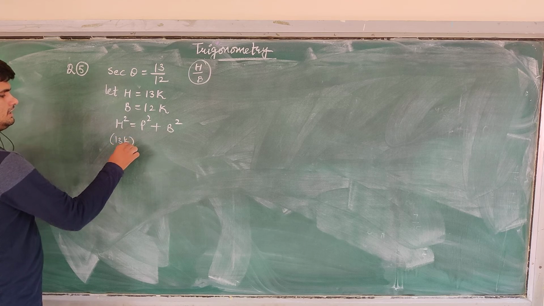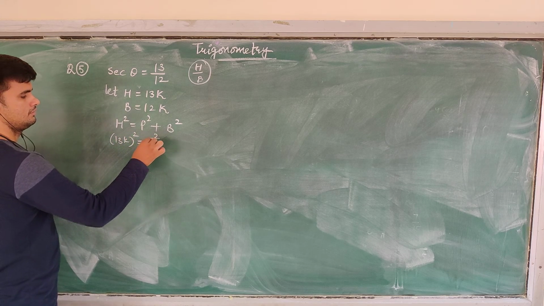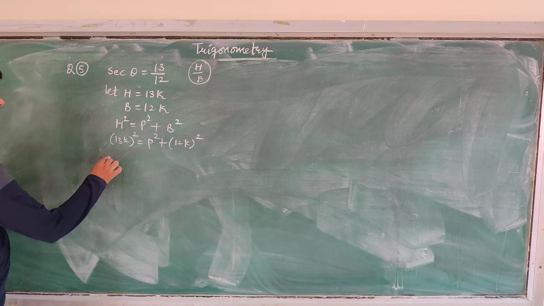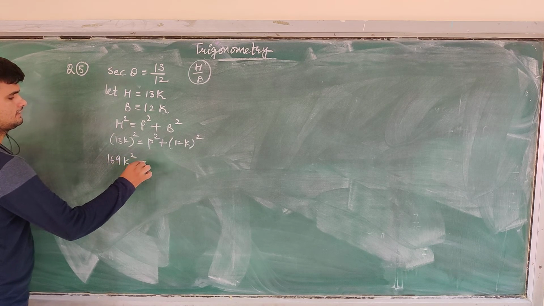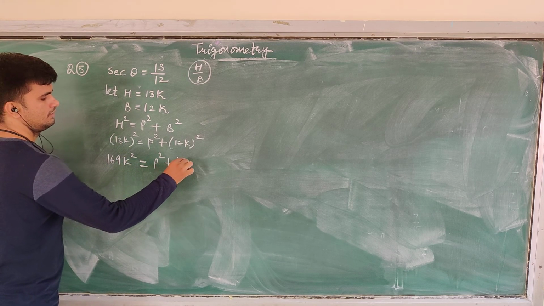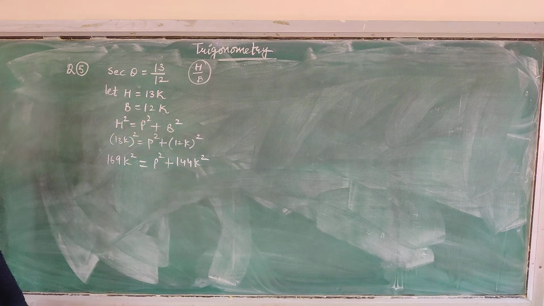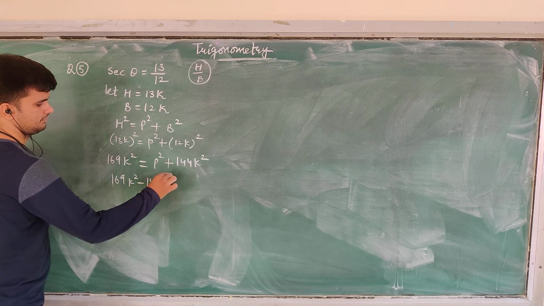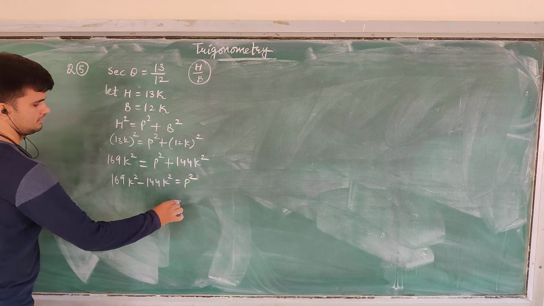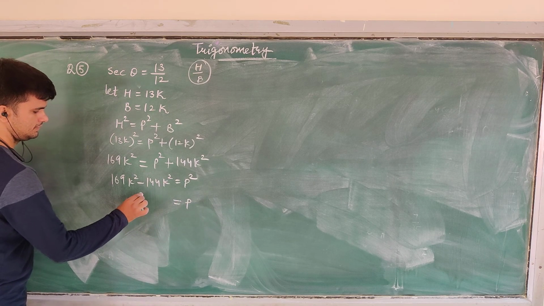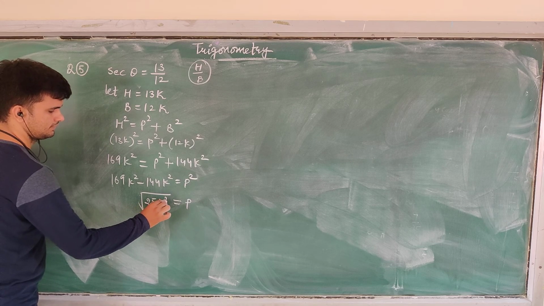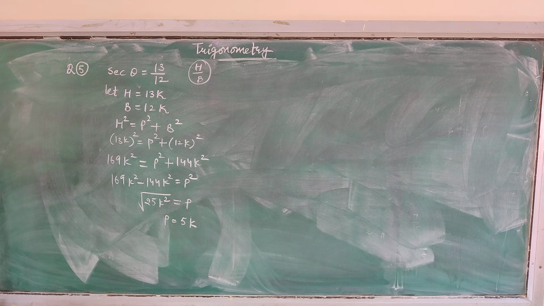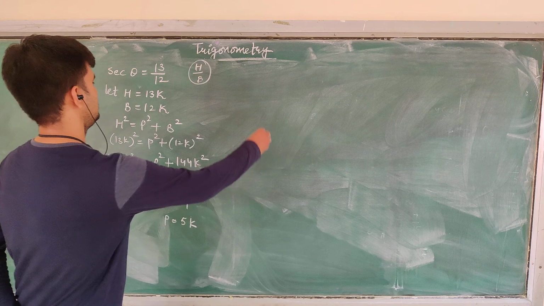It is 13k whole square plus B square, 12k whole square. 13k whole square means it is 169k square, plus 144k square. 169k square minus 144k square, P square is here 25k square. So P is equal to 5k.